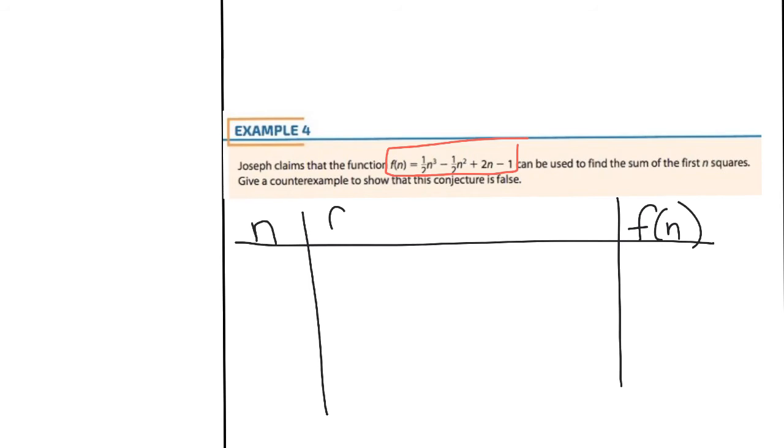So in the middle is f of n equal to 1/2 n cubed minus 1/2 n squared plus 2n minus 1.